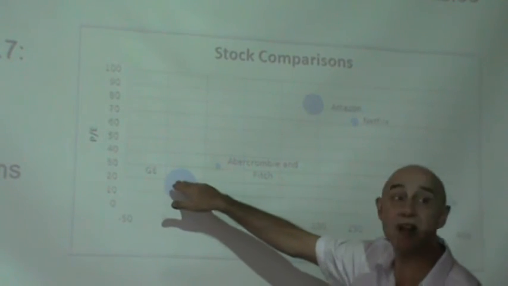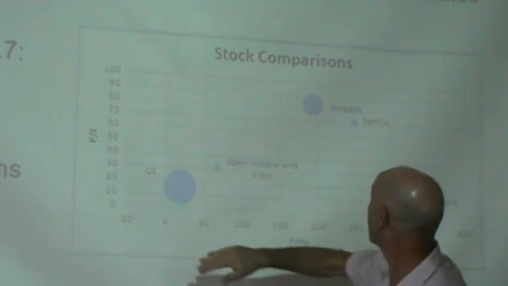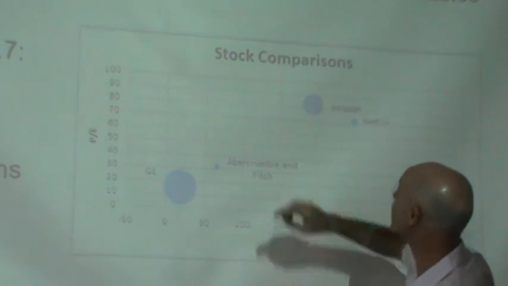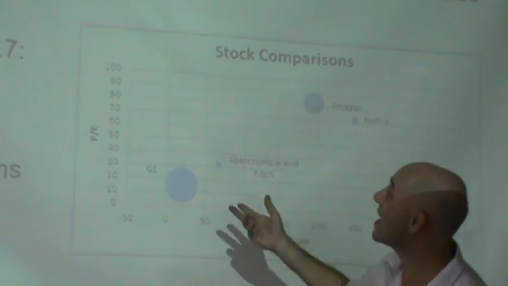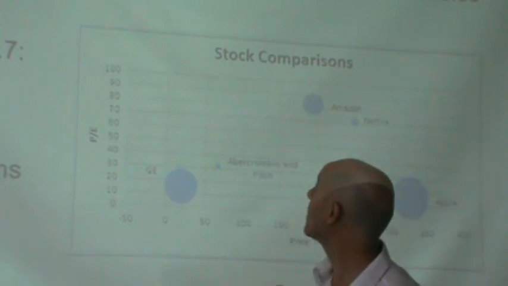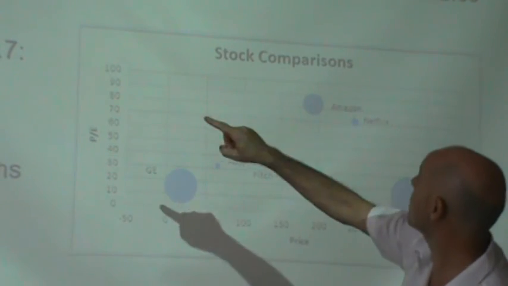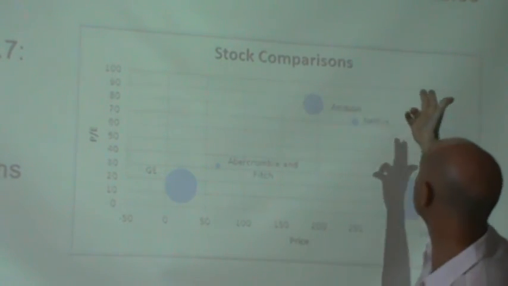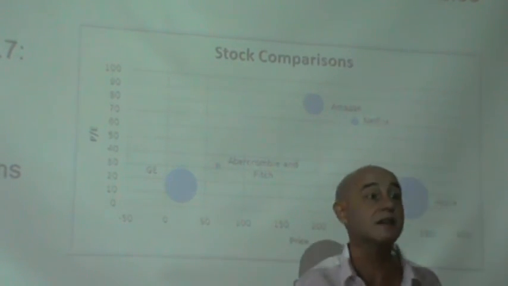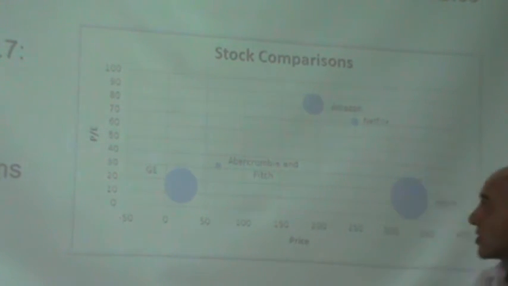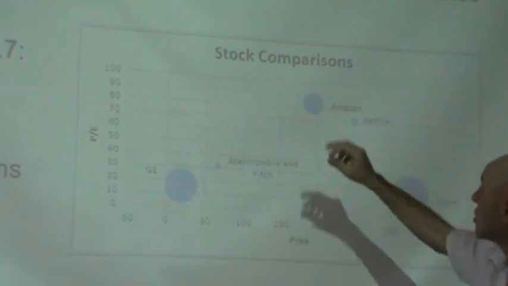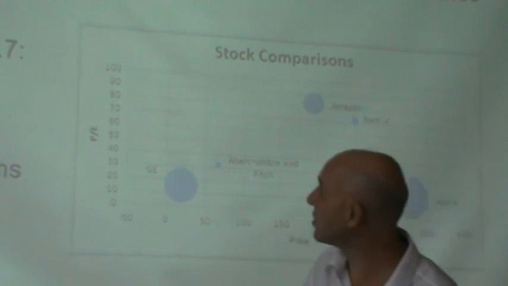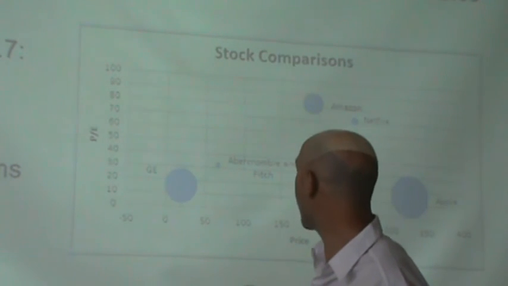So this stock is relatively cheap, and this stock is relatively expensive, okay? And then we need to see what else we got. Value of a third. Consequently, it is a way to plot 3 variables in 2 dimensions. We still got to figure out what's the third dimension. See? We got price, we got this, stock comparison. Bubble chart for stock comparisons.